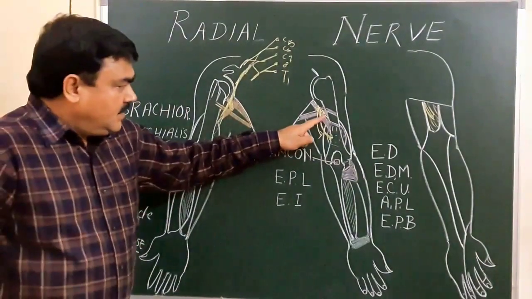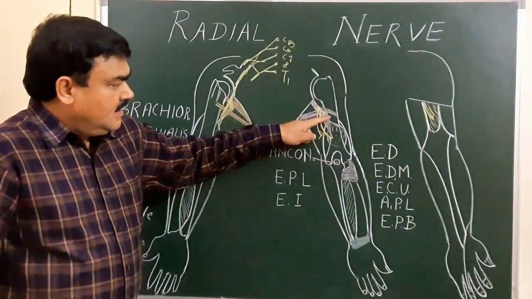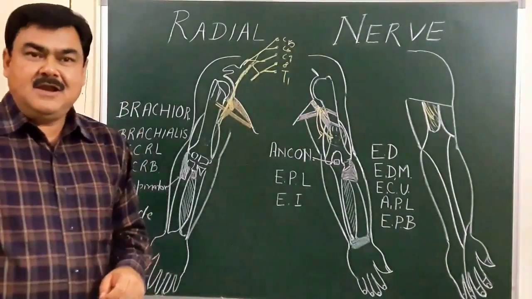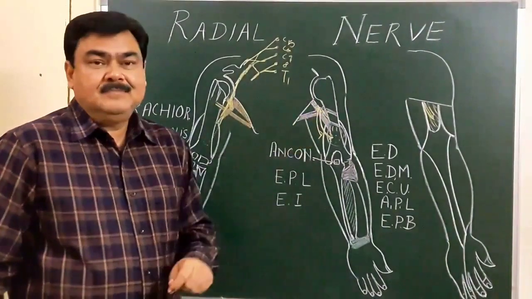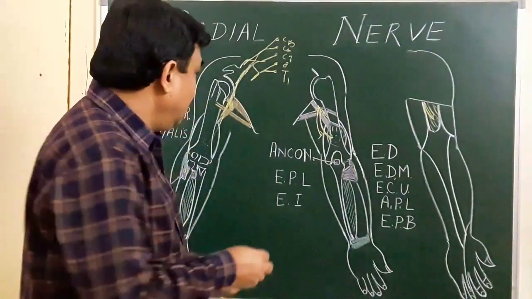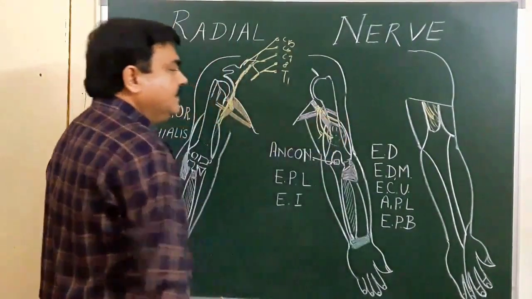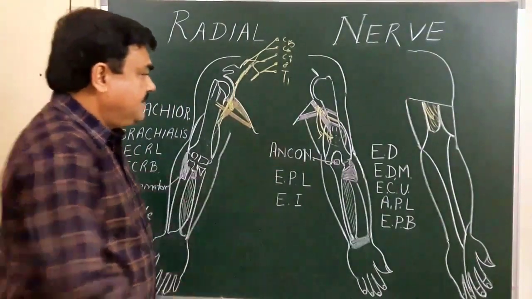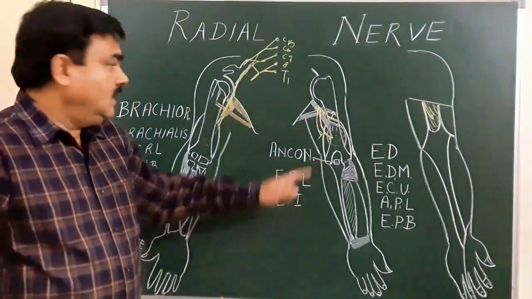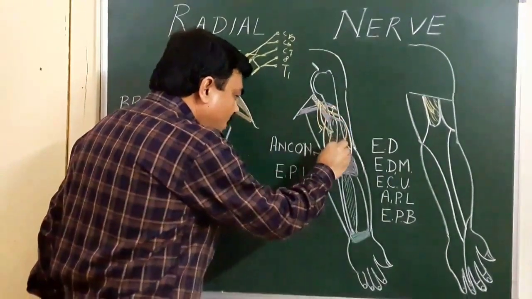After the lower triangular space, it reaches the spiral groove or radial groove. In the radial groove, it gives four branches. Here it gives a branch to the lateral head of the triceps, and the nerve to anconeus.